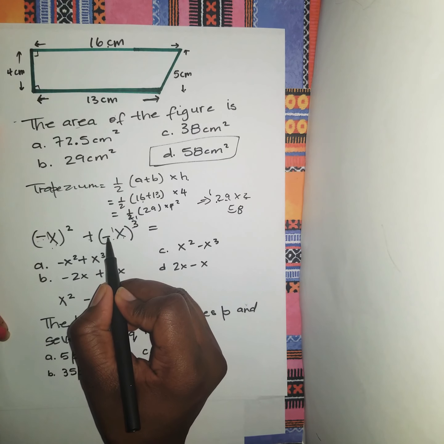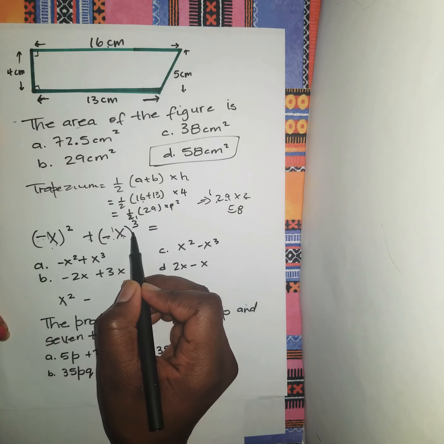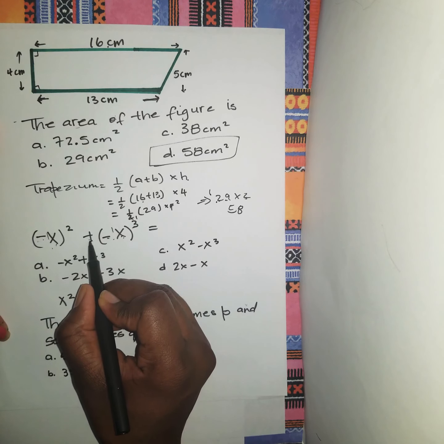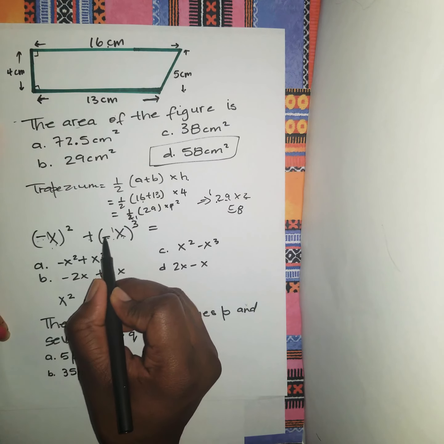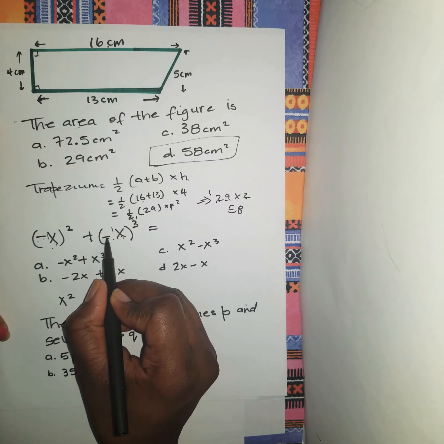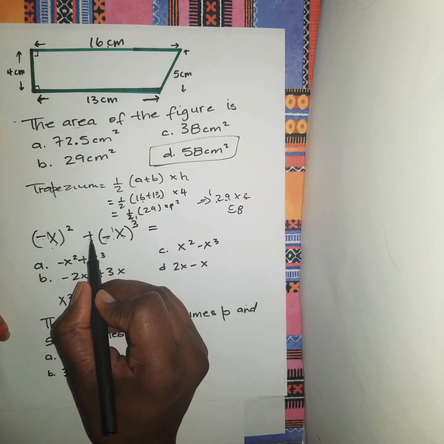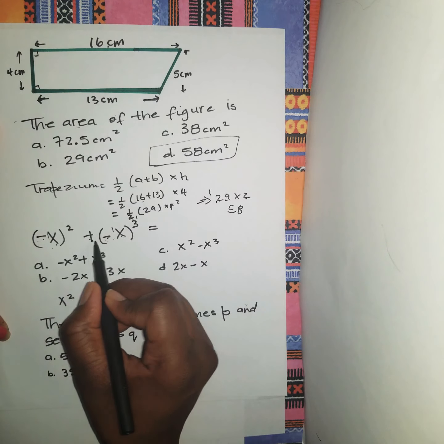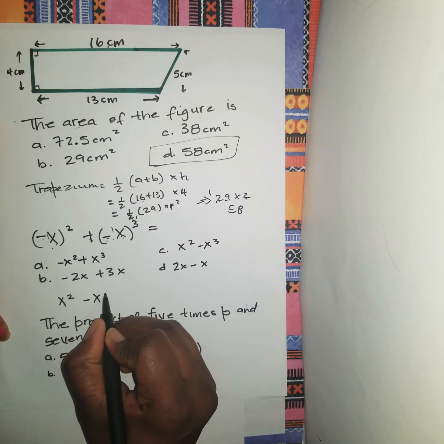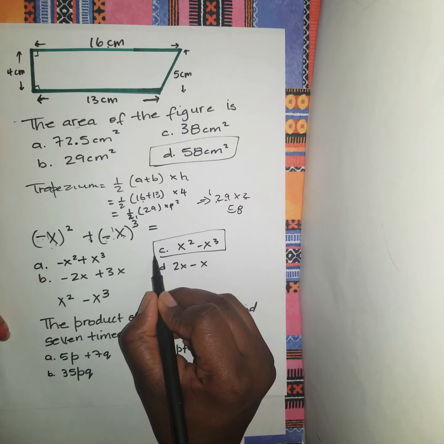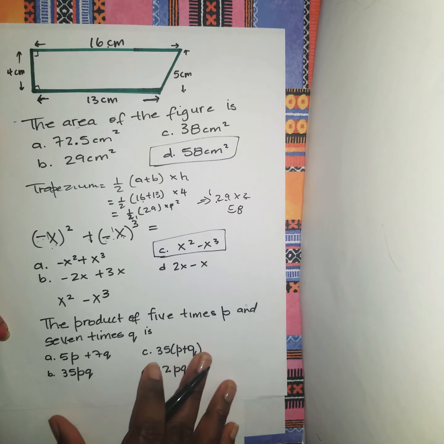Negative x cubed will be a negative x cubed, and it's a plus sign here, but what sign will it take? The sign will come from the operation done in the bracket here. So here we have a negative x cubed times a positive 1 here, and so the answer will be a negative x cubed, and the solution is right here.